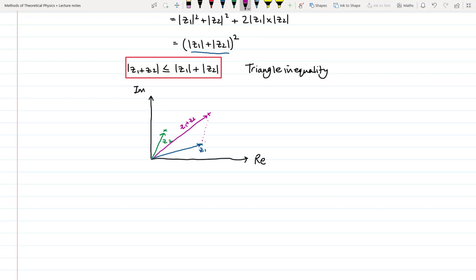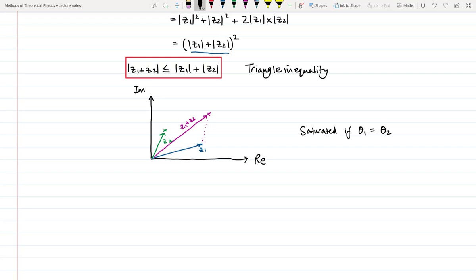And what this inequality is telling us is that the length of the purple vector is at most the length of the blue vector plus the length of the green vector. And this inequality is saturated if the argument of Z1 equals the argument of Z2.